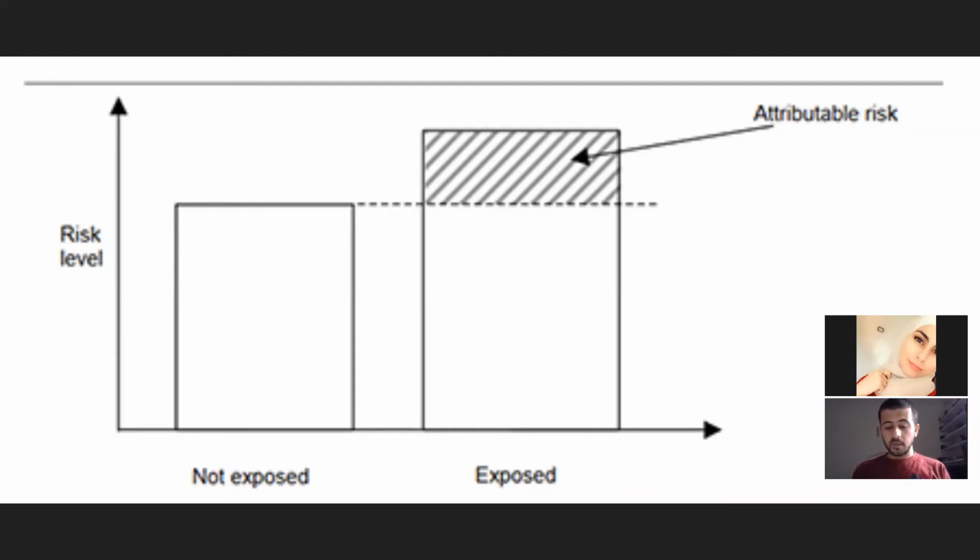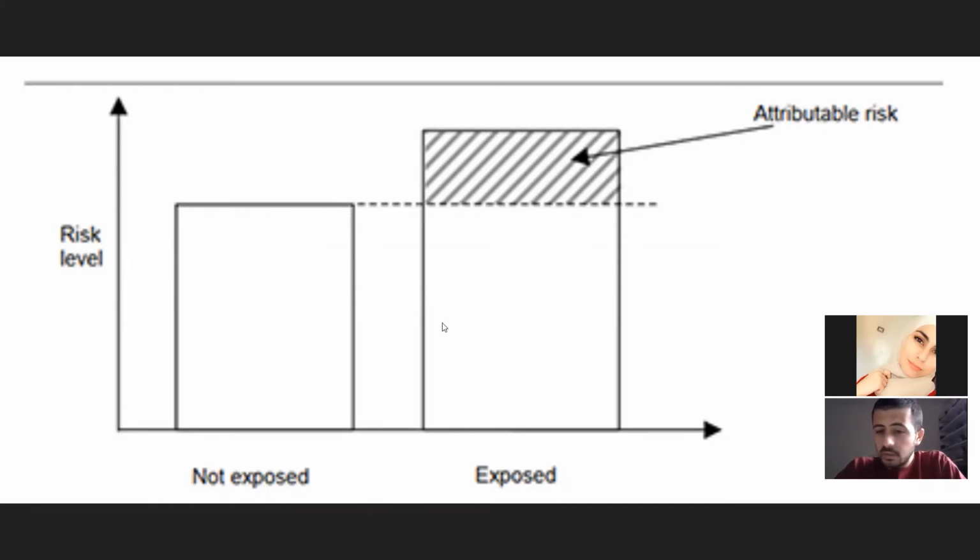Okay, but this is actually a difficult number. What is an easy way to discuss that? I have those exposed and they have a higher risk level, and I have those not exposed and a lower risk level.